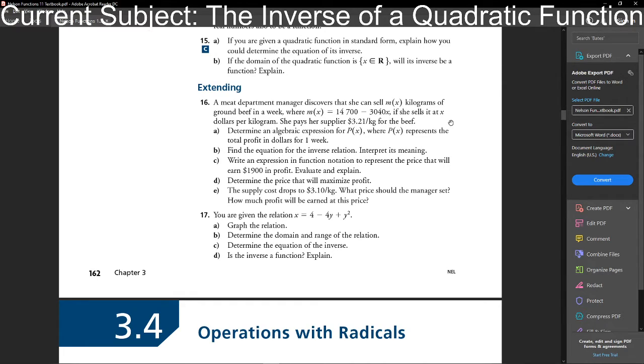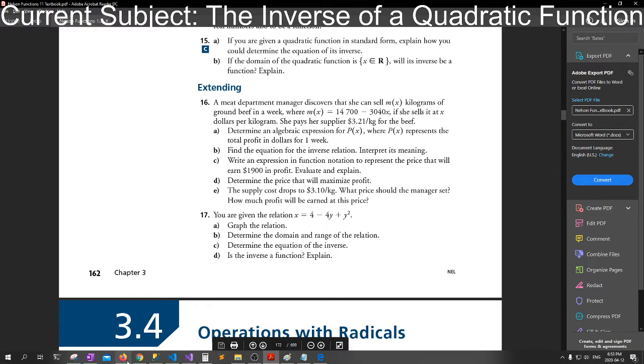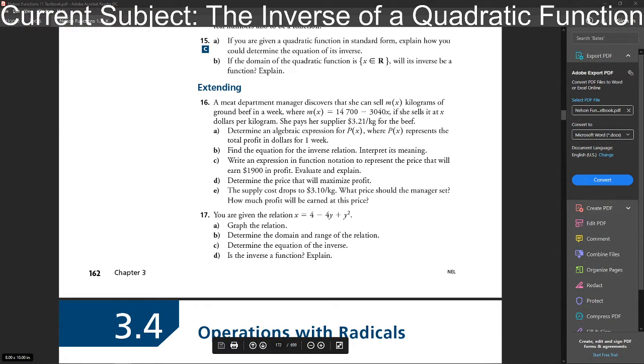So this equation represents how much she can sell in 1 week. If she sells it at x dollars per kilogram, alright, so now x represents money. I'm not getting this at all. What?